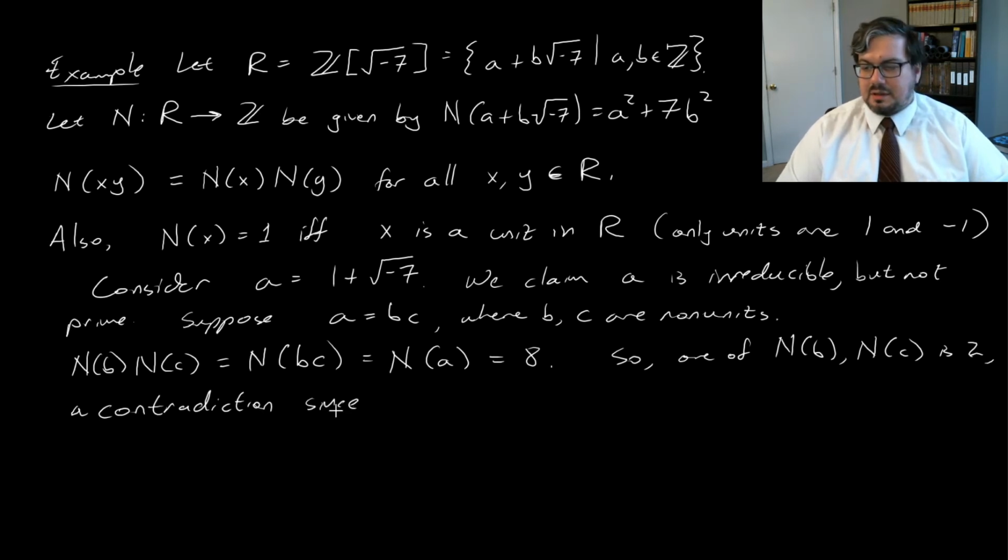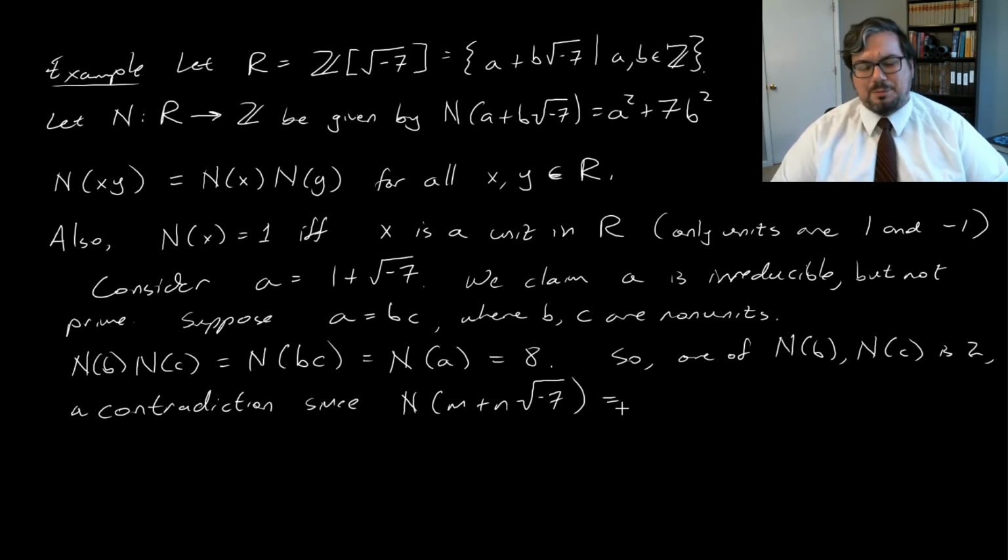Since if I take any integers m and n and compute the norm of the element m plus n times the square root of -7, we get m squared plus 7n squared, which is not equal to 2.